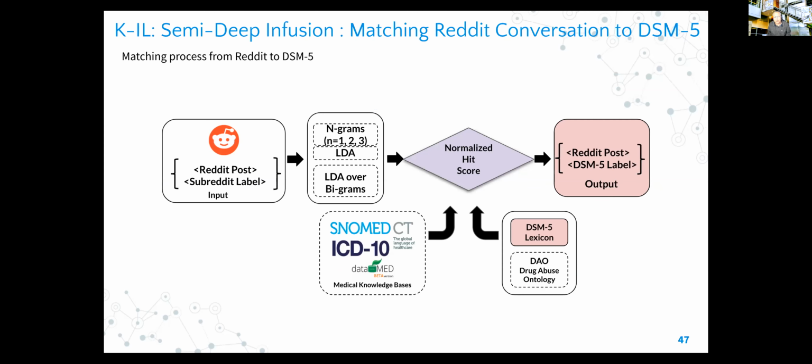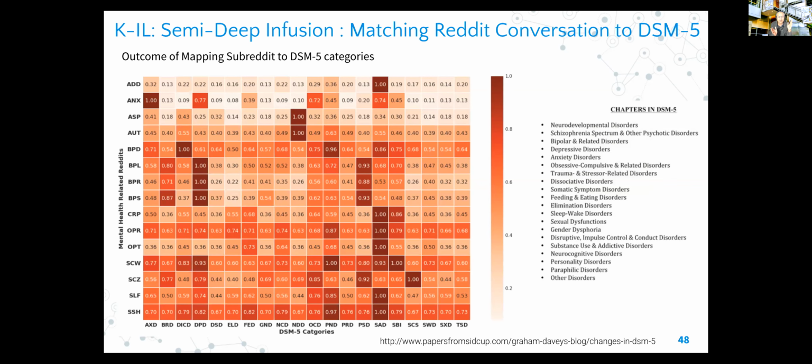What we were able to do is to take the post and machine learning, but infuse the knowledge as you see on the bottom, and then we are able to create better labels. And when you do this, you are creating a kind of matrix. On the left hand side is the Reddit content, the words from different Reddits.